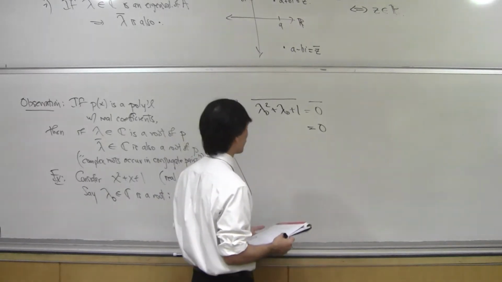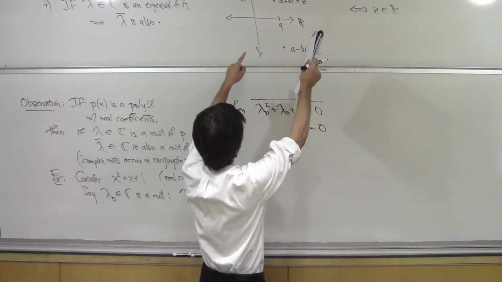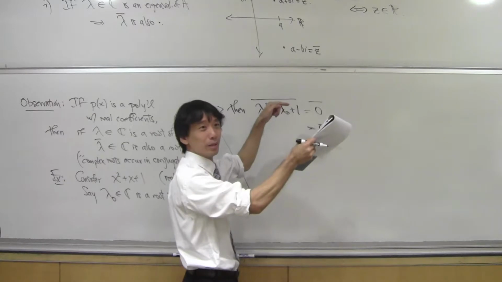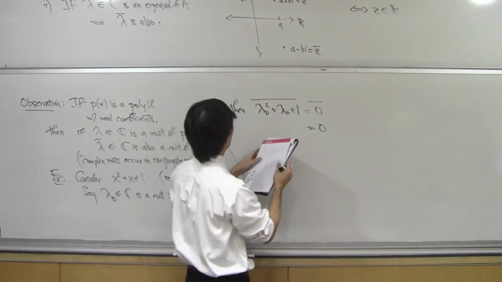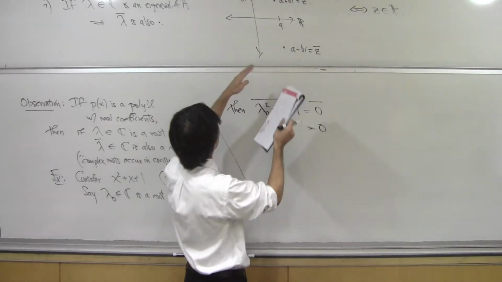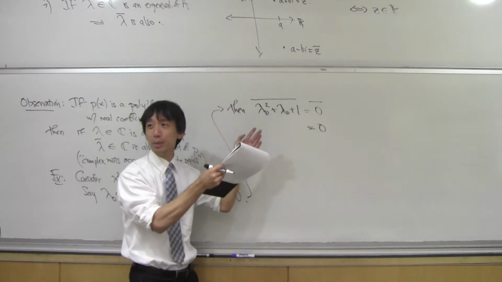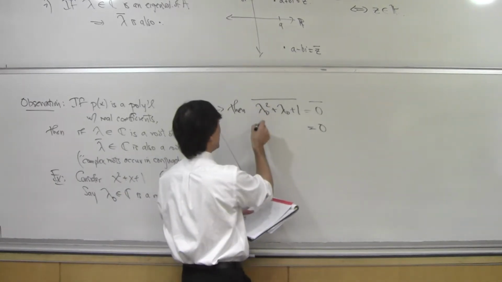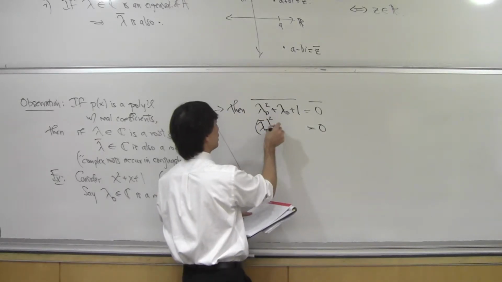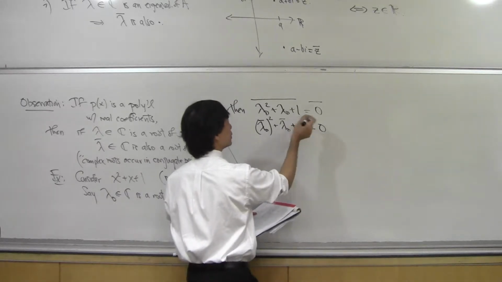If you add things together and then flip them over, it's the same as if you flip them over first and then add them. Similarly, if you multiply things and then flip them over, it's the same as if you flip them over and then multiply them. So this is going to be the complex conjugate squared plus the complex conjugate plus the complex conjugate of 1, which is just 1.